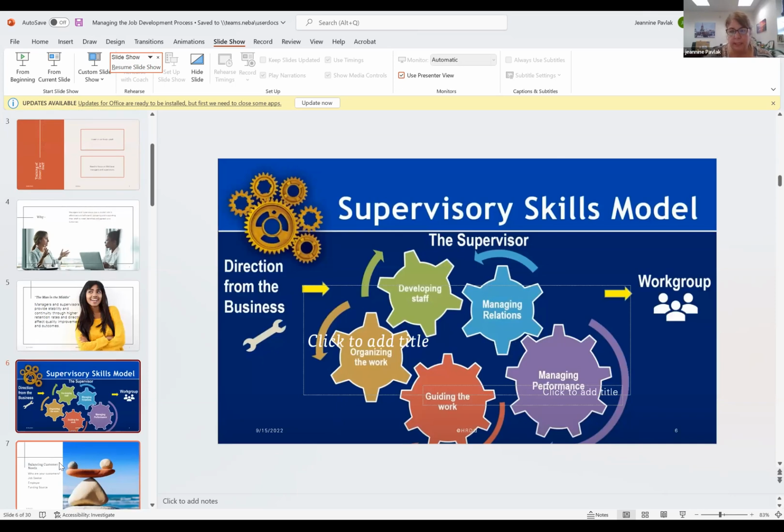What's interesting, though, is that this supervisory level has to hear and take direction, report to and receive directives from upper management. They then have to figure out how they're going to translate that down to their staff. So there's always a pull there, right, between what their staff needs and what they need their staff to do based on their directives.